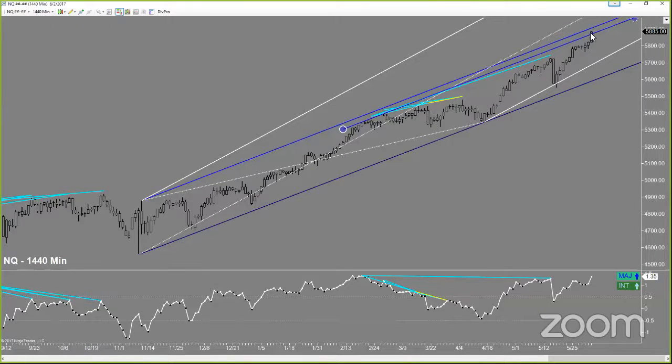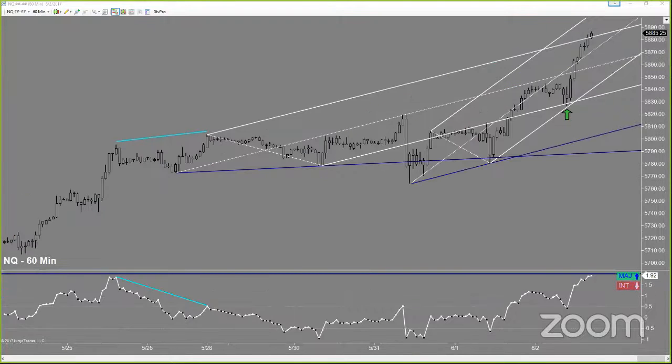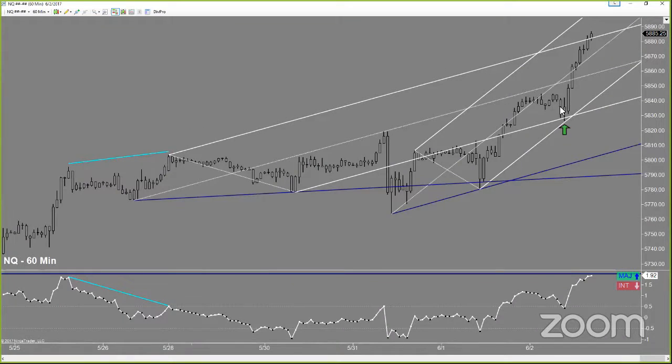So potential area of resistance, but ultimately I'm looking for at least a touch of the top of that channel before getting some kind of pullback, and who knows, we could just keep on going. It's basically been a pretty safe bet to buy the pullbacks, obviously. So this is just one example of that from this morning, actually.